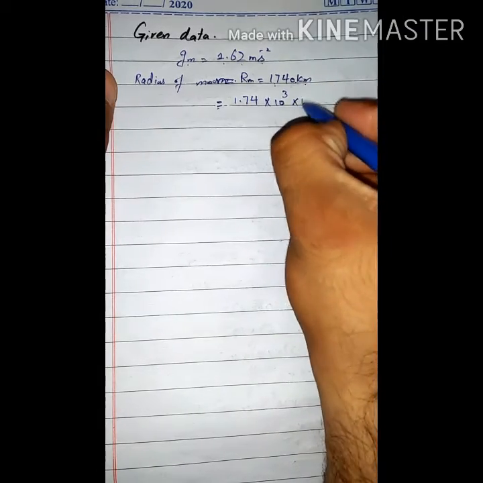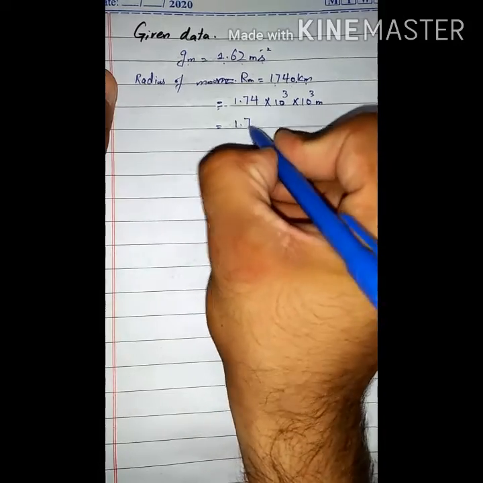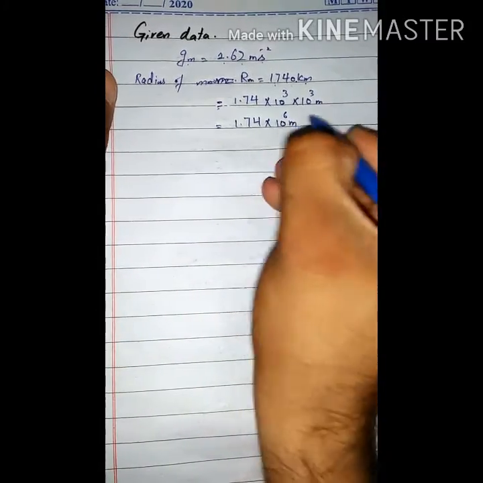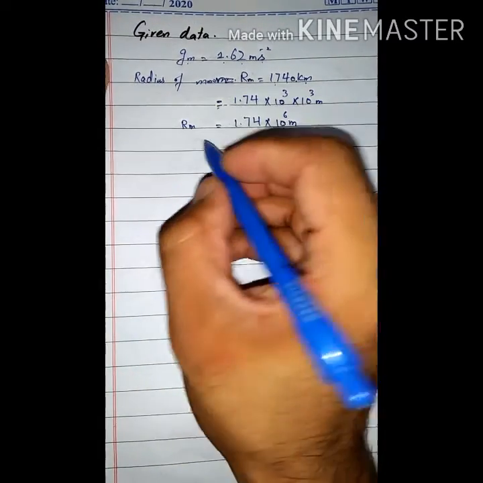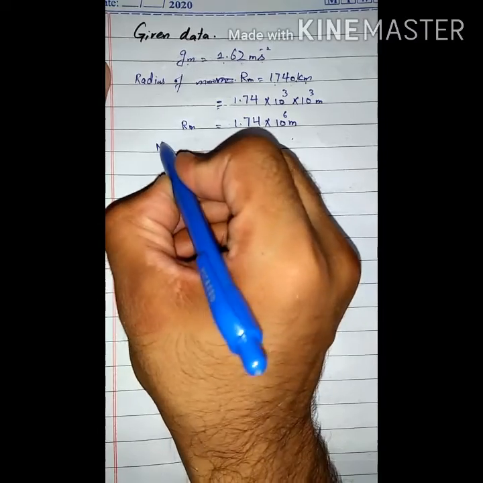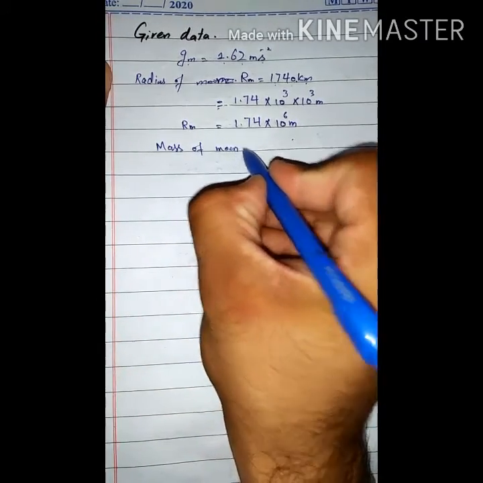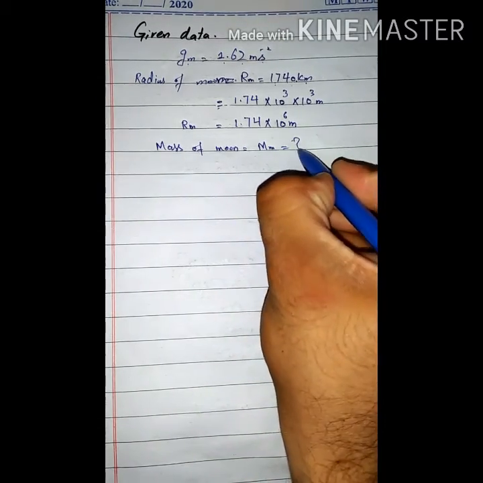So kilo is also 10 to the power 3 meter. So it can be written in the form 1.74 multiplied by 10 to the power 6 meter. That is the radius of the moon. So we have to find the mass of the moon, Mm we have to find.